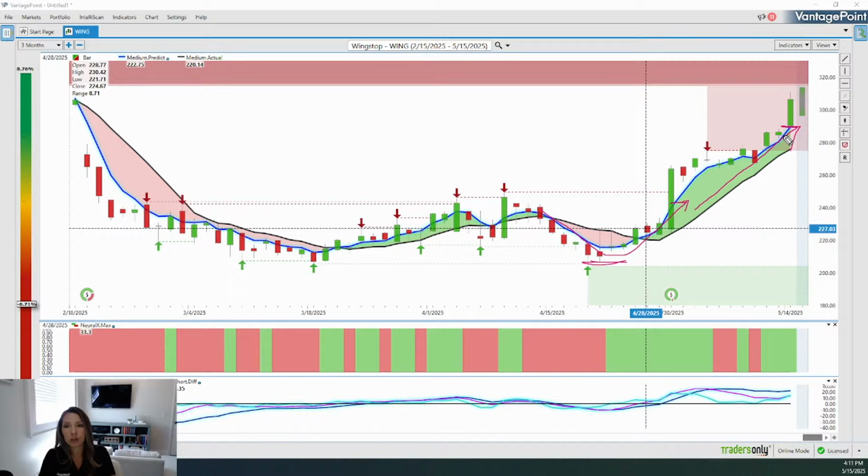Now we can have those trends to the upside or to the downside. You could have a bullish reversal, which is exactly what we're seeing here, where we saw things coming out of bearishness and into bullishness. So basically coming from a downtrend into an uptrend.